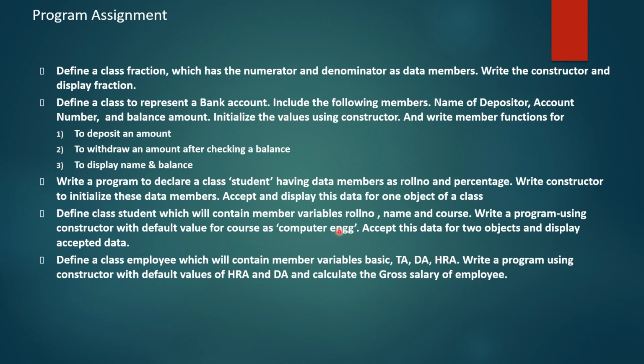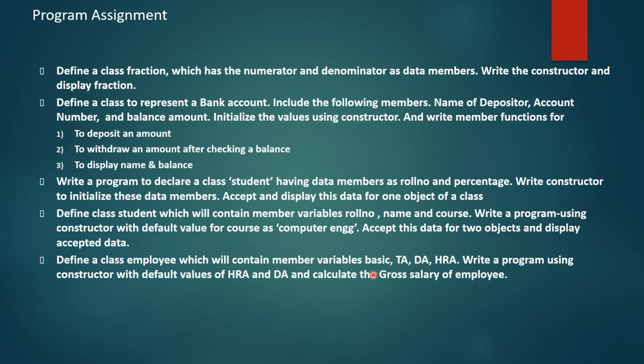Computer engineering is a default argument, so it will already be present in your constructor declaration. So in the first object you will pass two values, that is for roll number and name. Course will be absent, you will not enter any value for course, so computer engineering is used. And for the second you will change the value of your course to information technology, and you will see whether it is displaying the data or not.